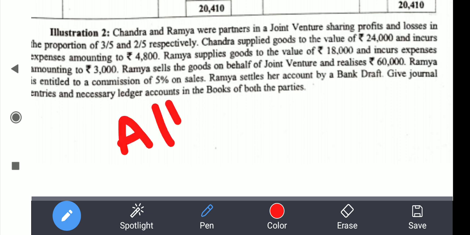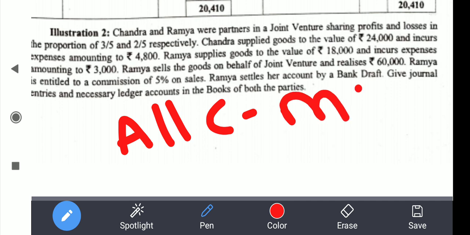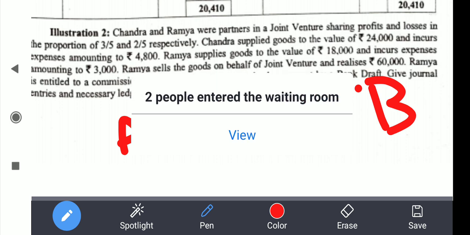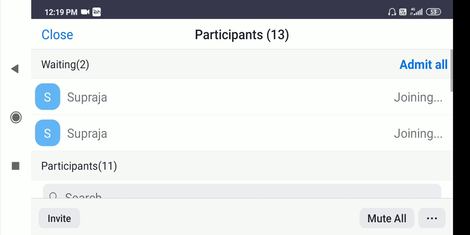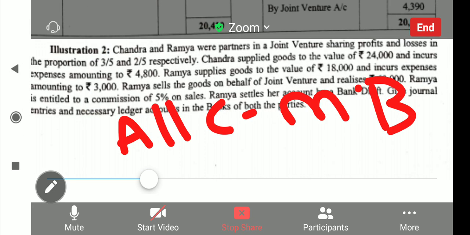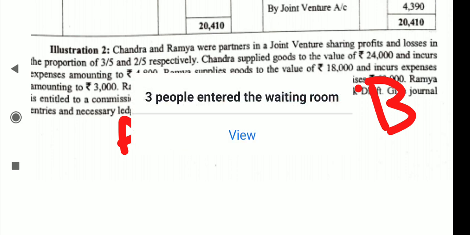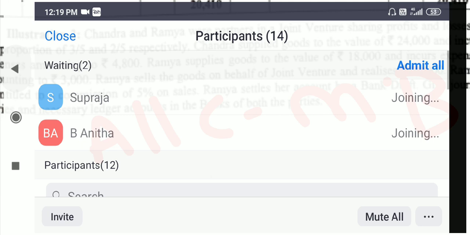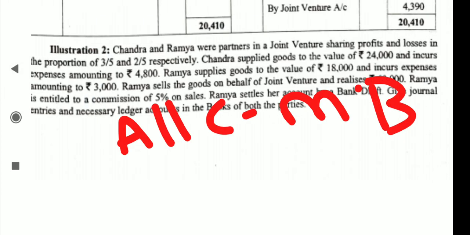One method is already completed yesterday, and I also explained the meaning of joint venture, and the differences between joint venture and partnership, and joint venture and consignment account. So today we will solve the problem on joint venture under the method of all co-ventures maintaining separate books.